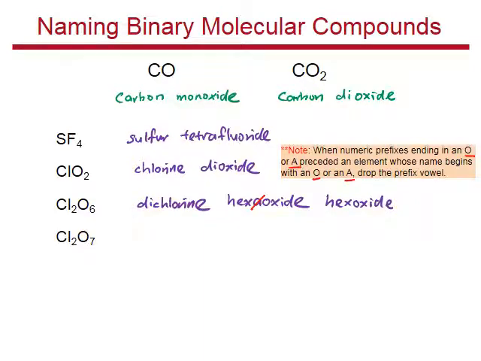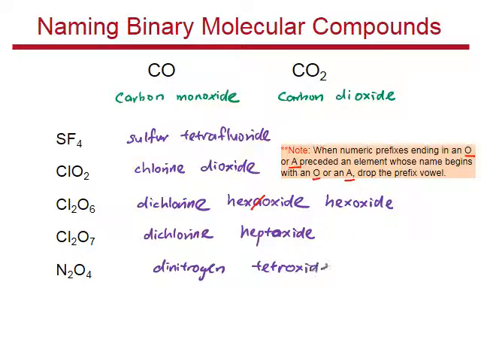Next, Cl2O7, dichlorine. So 7 oxygens should be hepta, but instead of heptaoxide, we're going to call it heptoxide, dropping the A. Next, N2O4, it will be dinitrogen. 4 is tetra, so we're going to drop the A again, so it's tetroxide.